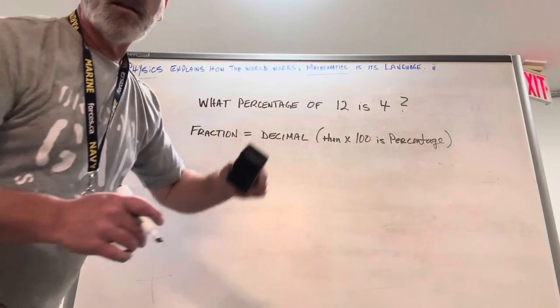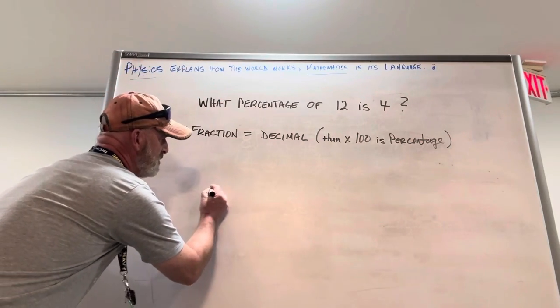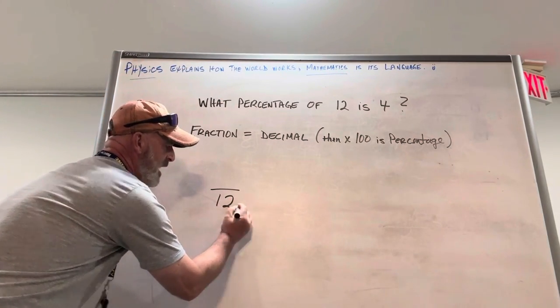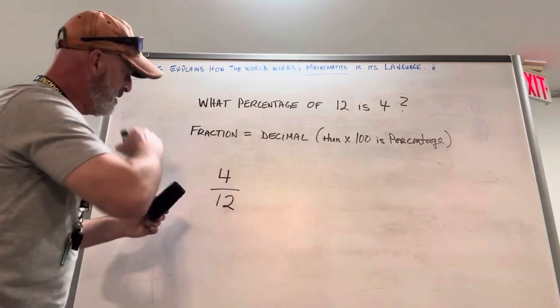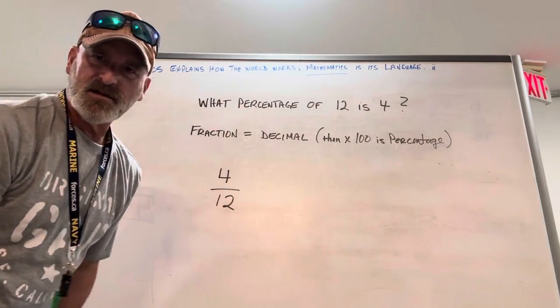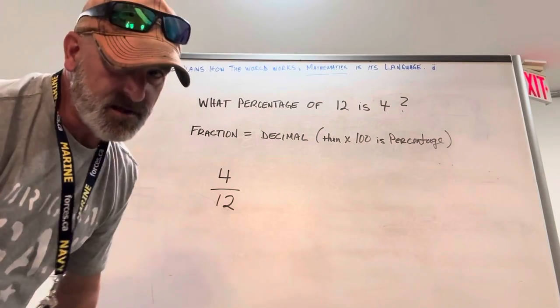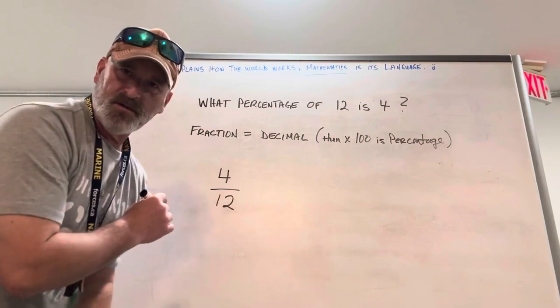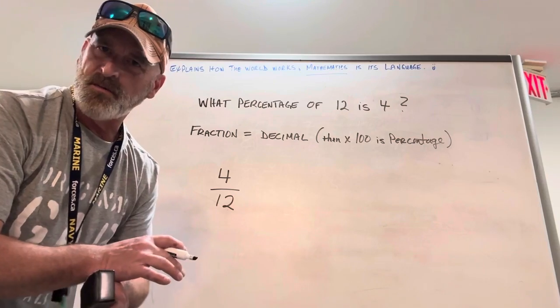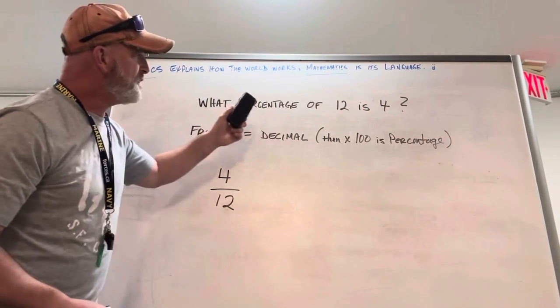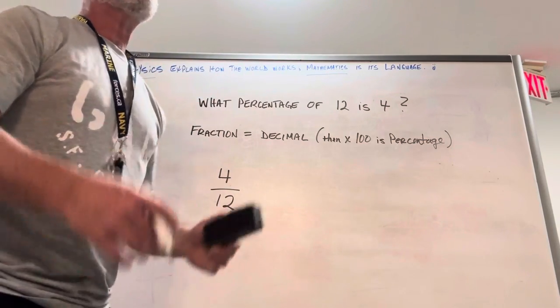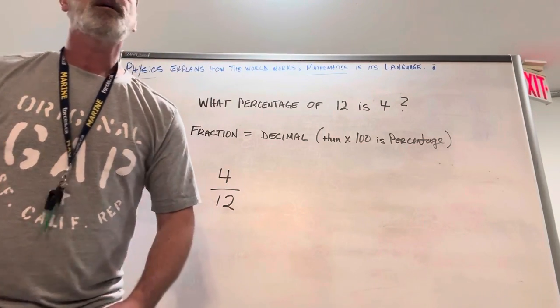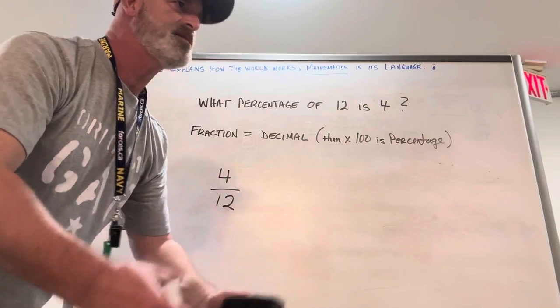So what percentage of 12 is the key, of how many is 4? They're asking, what's 4/12ths as a percent? That's it. And once you get that one down, then you've got it all made. What percent of the classroom is female?